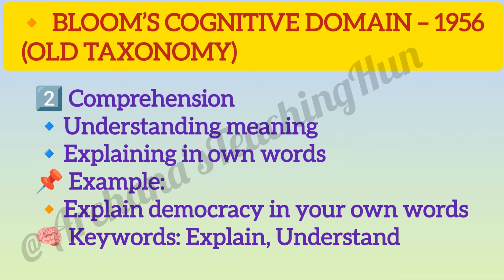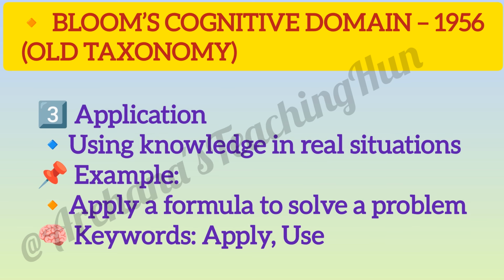Comprehension means understanding meaning, explaining in our own words. For example, explain democracy in your own words. Keywords: explain and understand. Now third, application. Application means using knowledge in real situations. For example, apply a formula to solve a problem. Keywords of this: apply and use.